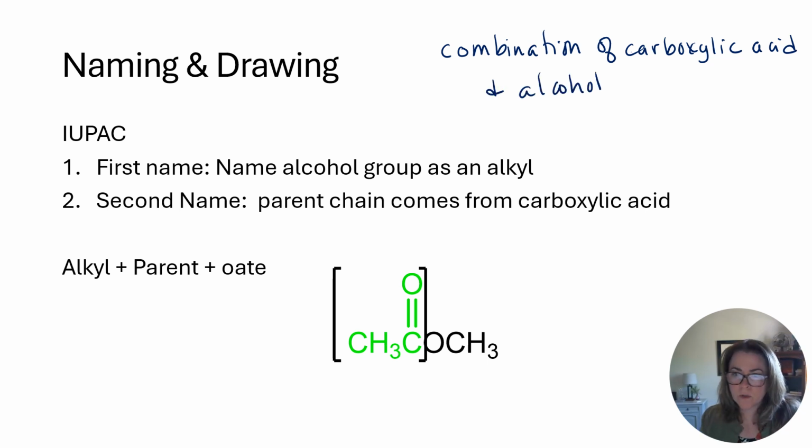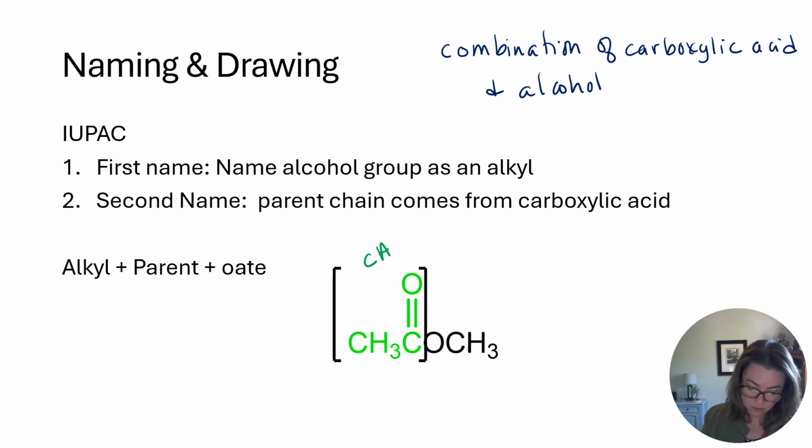And so what I want to do is be able to identify which side of this molecule came from the alcohol, and which side came from the carboxylic acid. The carboxylic acid component is always going to have the carbonyl.